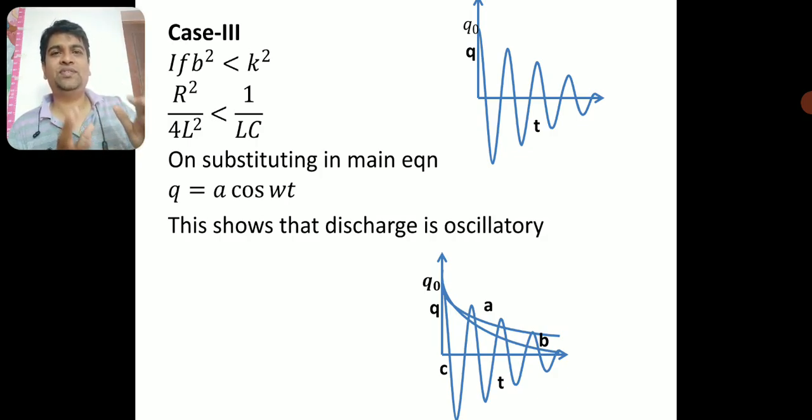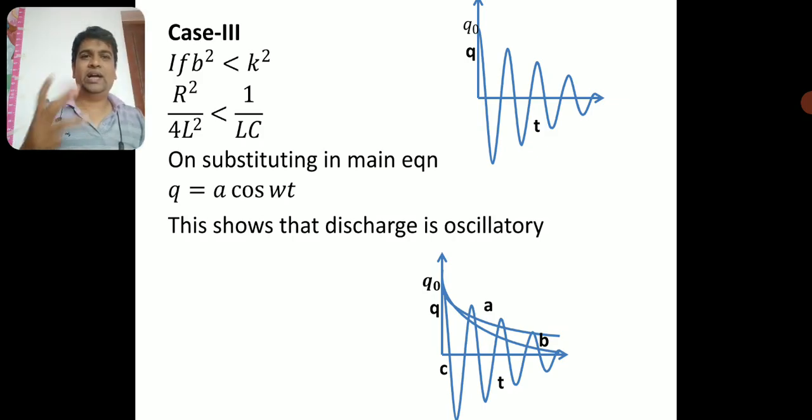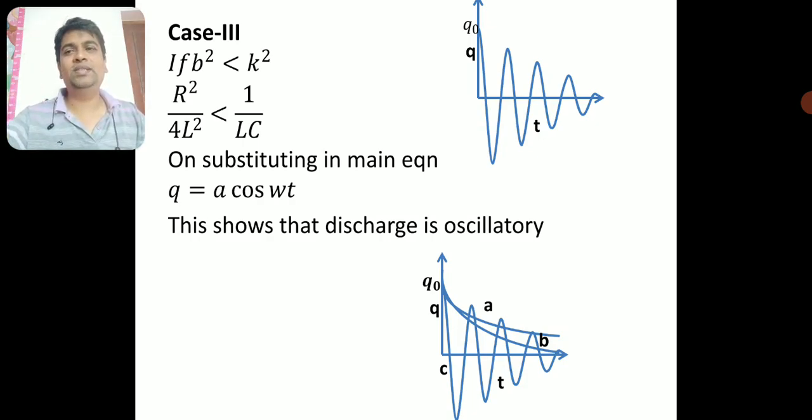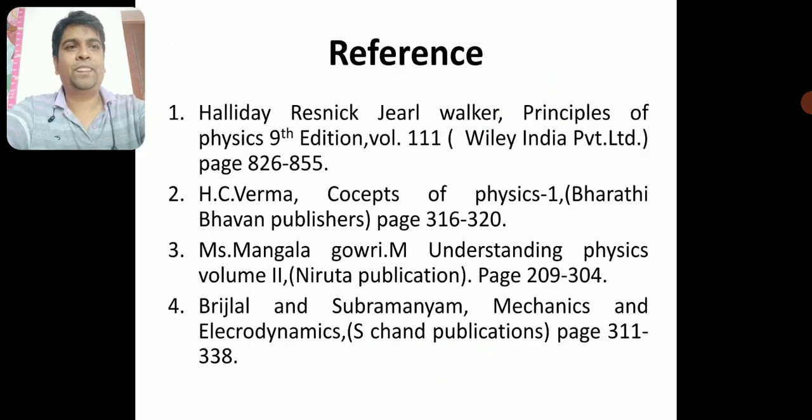Look at graph C. In graph C, the charge is oscillatory. Charge will decrease like an oscillatory function. So I have explained all three different cases by taking the very complex equation for the charge. This completes the discharge of the capacitor through an inductor and resistor. Thank you very much.